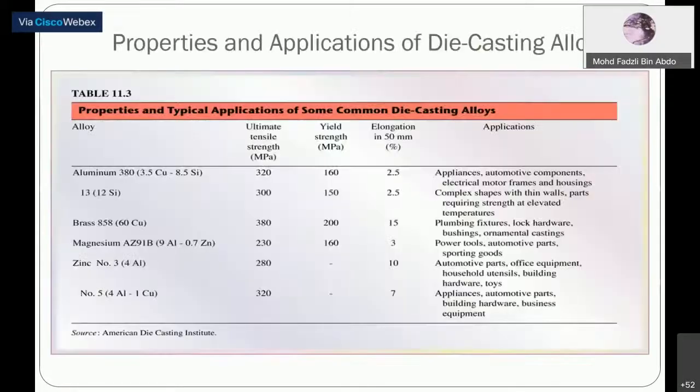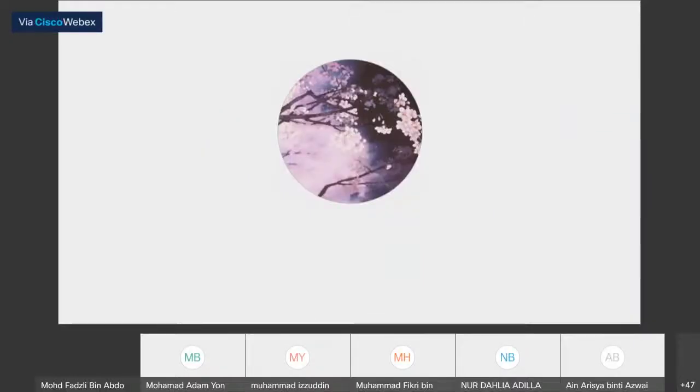Okay. So, saya nak tunjuk video untuk yang die casting. Jadi awak akan lebih faham lah. Kita tengok yang hot chamber die casting dulu. Okey, 1 minit je dia punya ni.